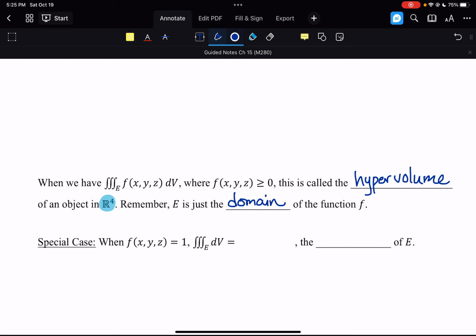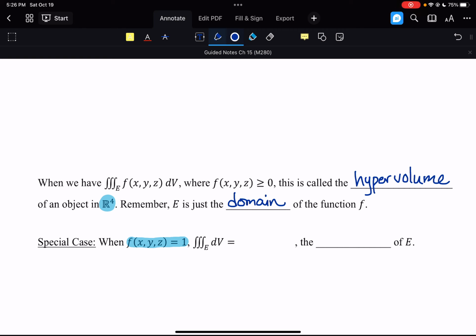So one use that we have for triple integrals, beyond just looking at a 4D concept, we can look at a special case when the function is equal to 1. And we saw back in a couple sections ago that if you take the double integral of the function 1, it actually just gives you the area of the region, right?